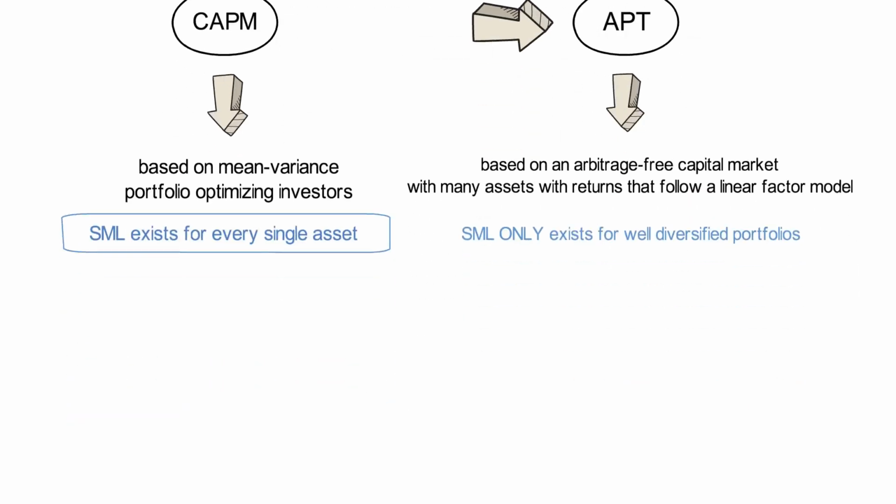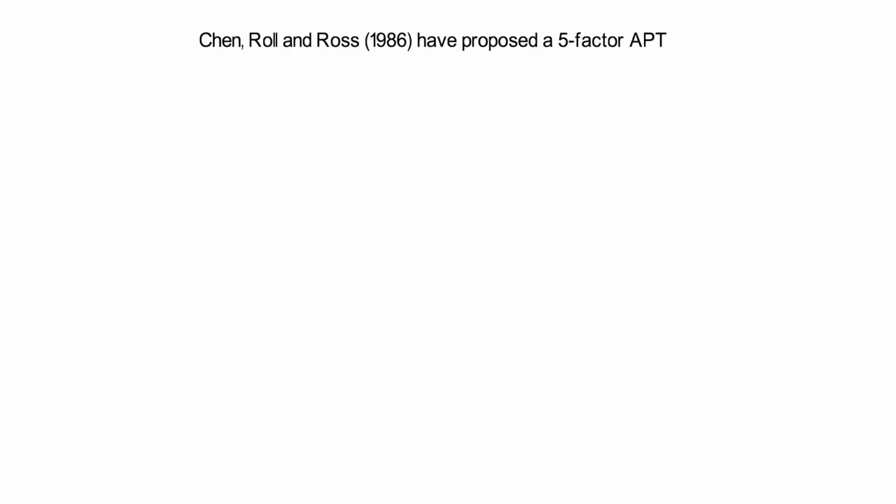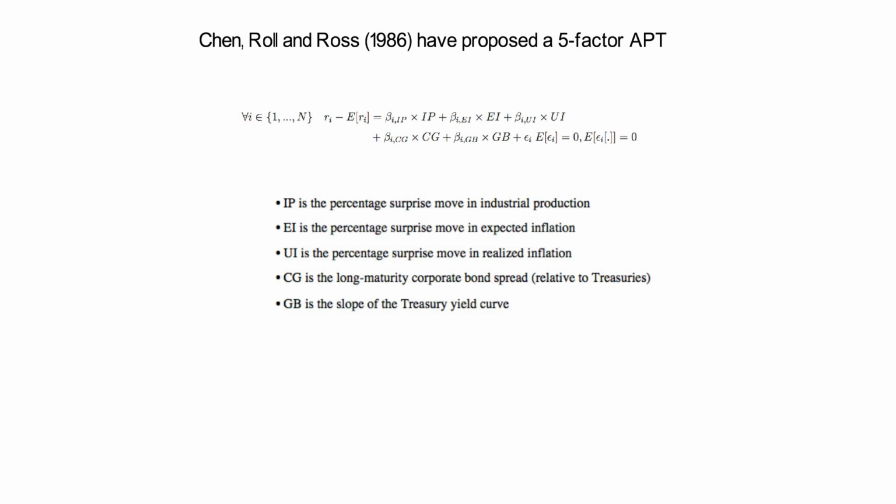Now, also of interest is that Chen, Roll, and Ross in 1986 have proposed a five-factor APT which gained some traction in the literature and which reads as follows. Now here, IP stands for the percentage surprise move in industrial production.